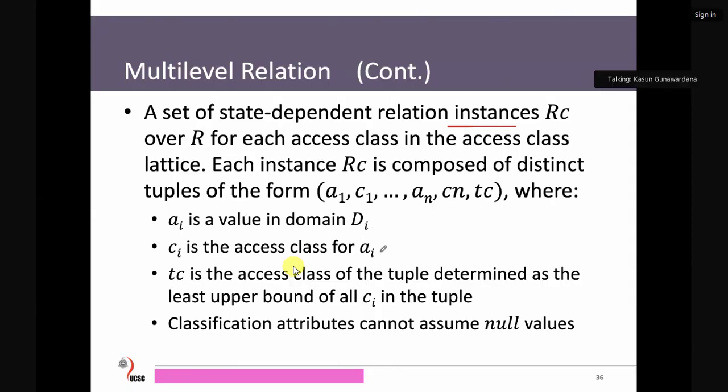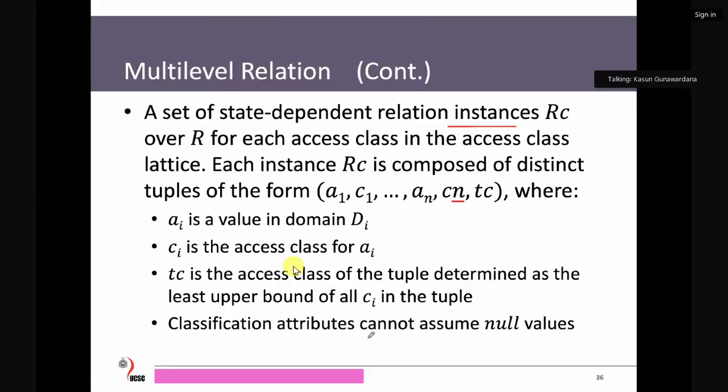Ci is the access class for Ai, the corresponding access class. TC is the access class of the tuple, determined as the least upper bound of the Ci. So this should be subscript N: A1, C1, ... AN, CN, and TC.